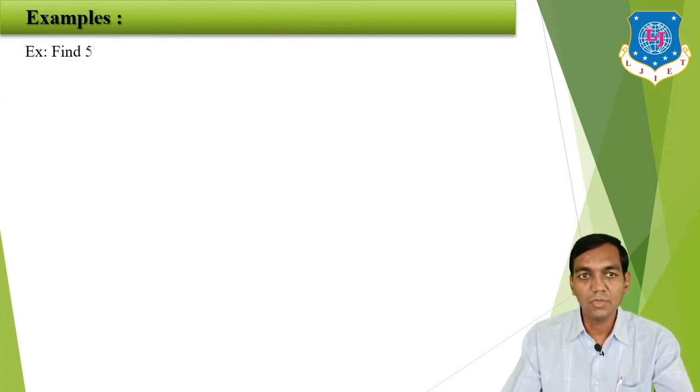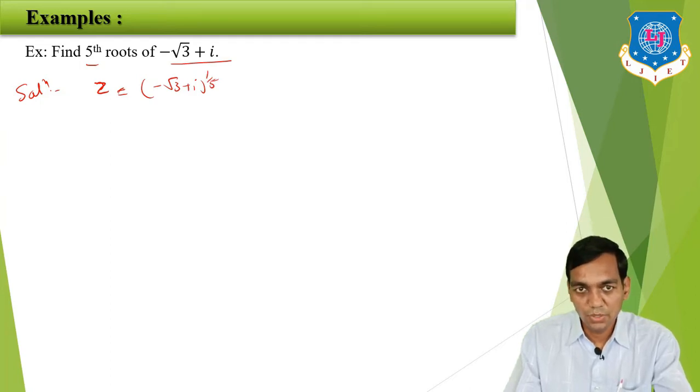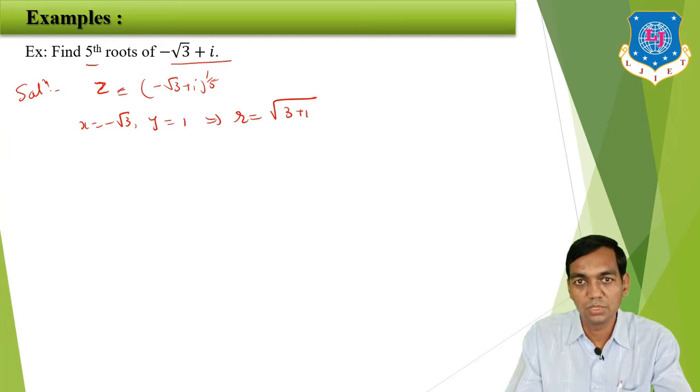Now find the fifth root of root 3 minus i. Solution: we are starting with z equal to the fifth root of minus root 3 plus i. First of all, we write x equal to minus root 3, y equal to 1, and that will give you r equal to the square root of 3 plus 1, x square plus y square, that is 2.